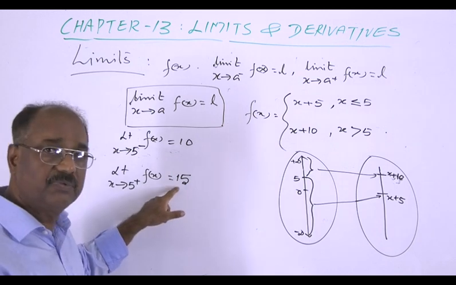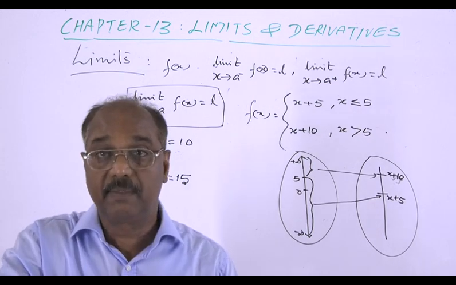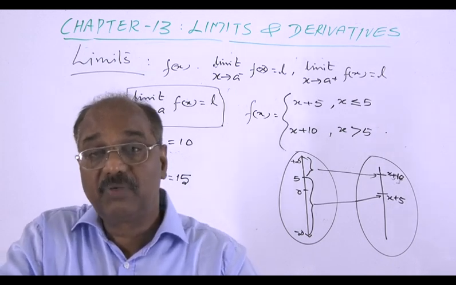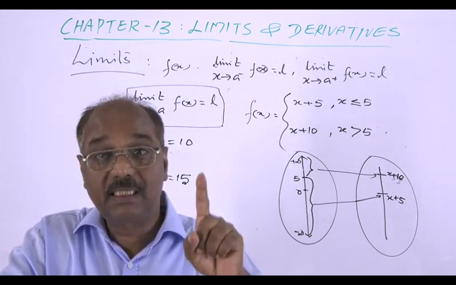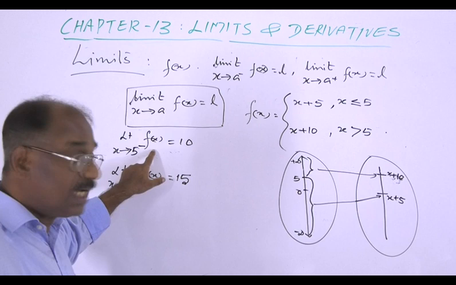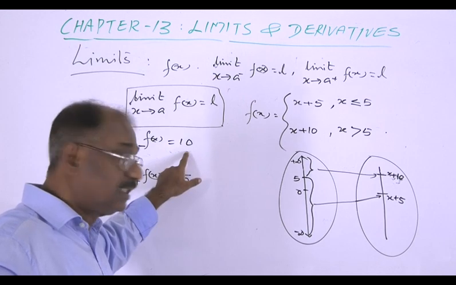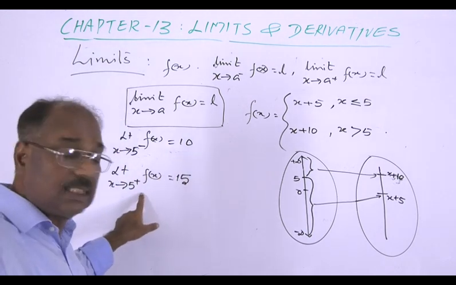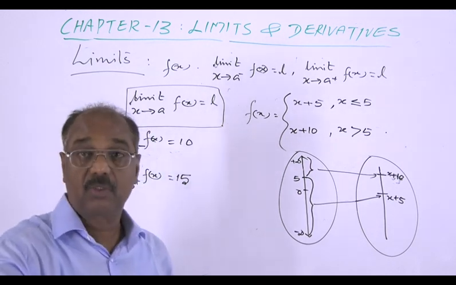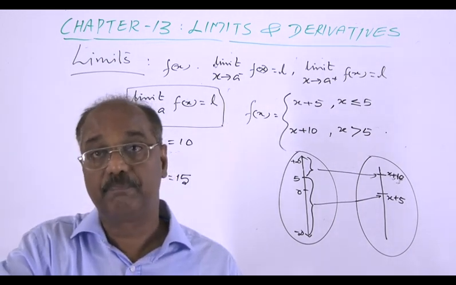The right-hand limit exists, it is 15. These two do not coincide. So at this stage, this function has no limit at x equal to 5. The left-hand limit at 5 is 10, the right-hand limit at 5 is 15, but they do not coincide. So the function has no limit at x equal to 5.